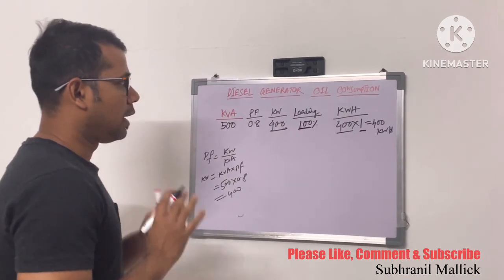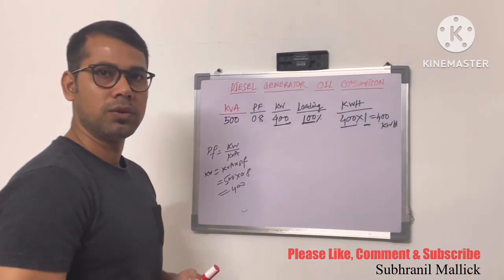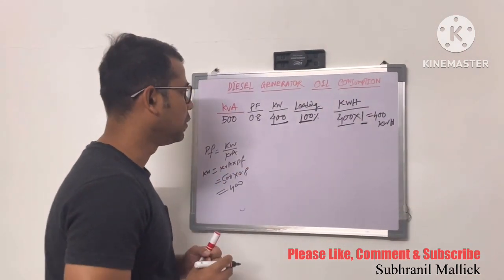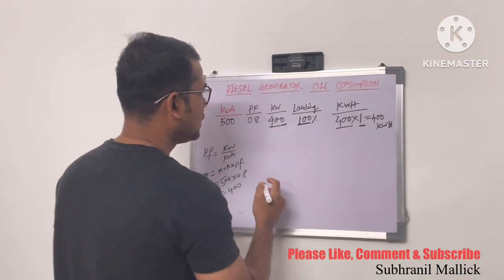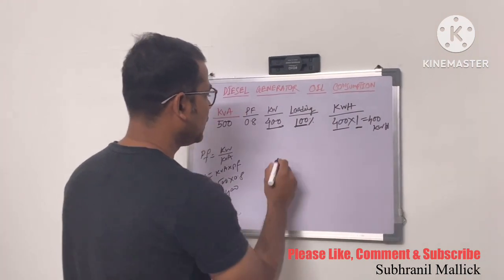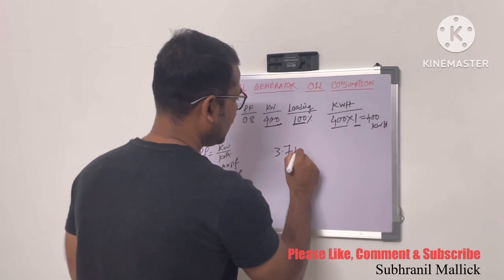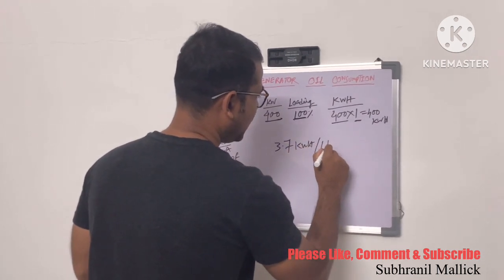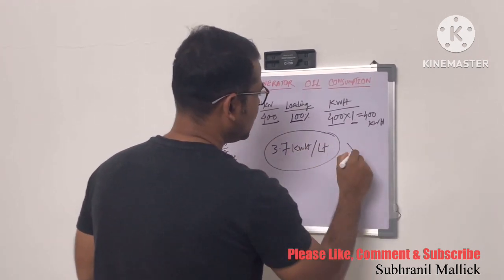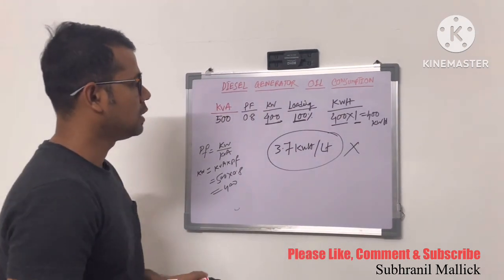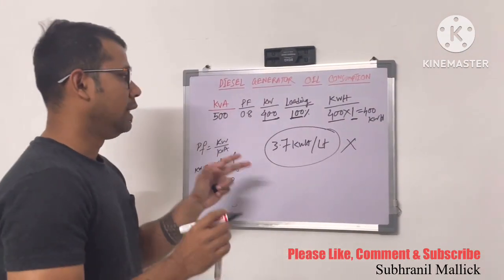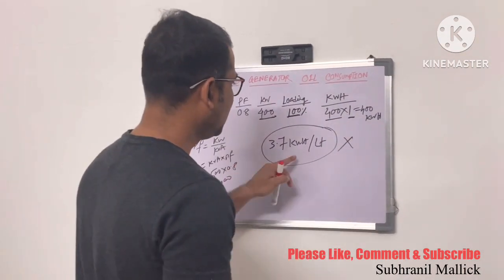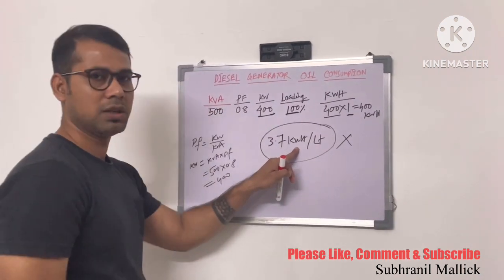Now, what I said at the start of the video: sometimes we answer that the oil consumption of a diesel generator is 3.7 kWh per liter. But this is not the accurate answer, because it is the diesel generator efficiency, kWh per liter.